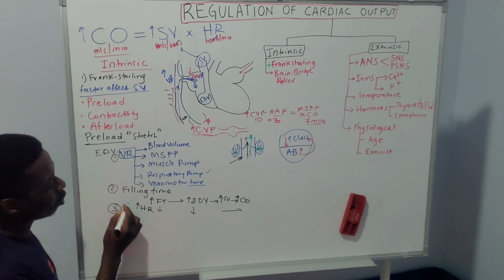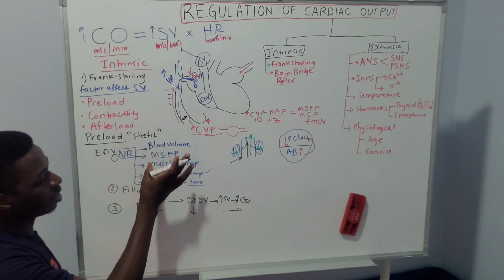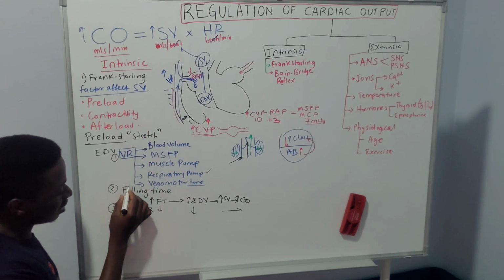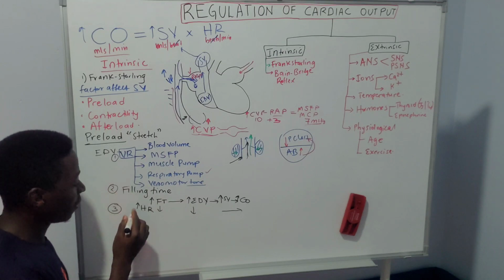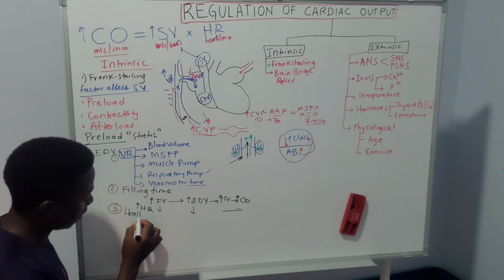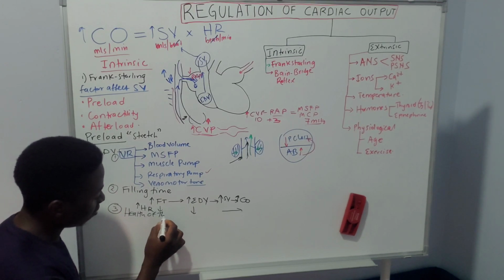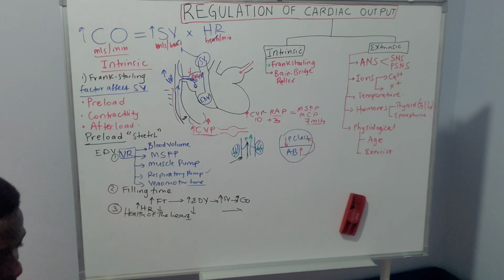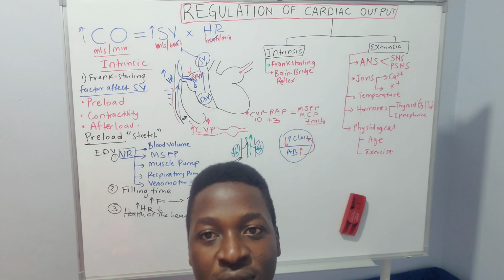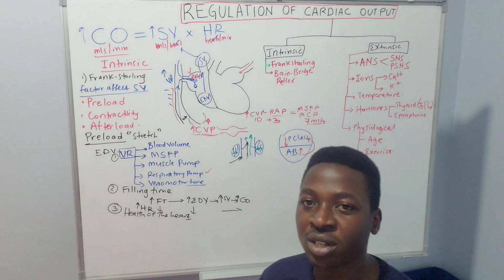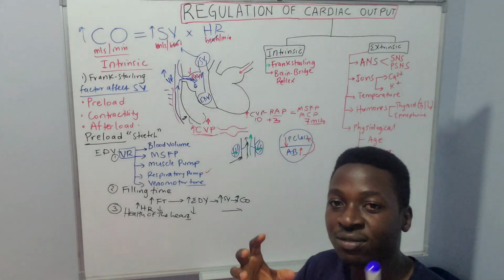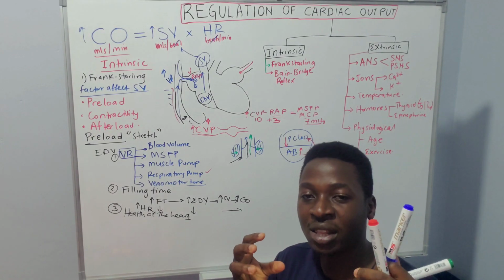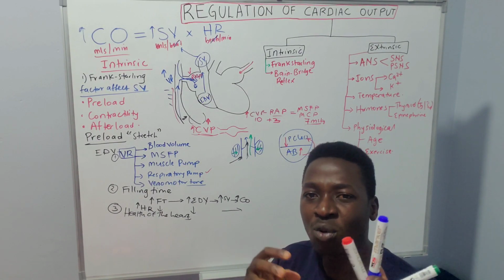But also, because we say this is a stretch, the preload, implying that the health of the heart is also very, very important. In patients who have, like, myocardial infarction, they usually get fibrous tissue in the myocardium; it becomes more fibrous.